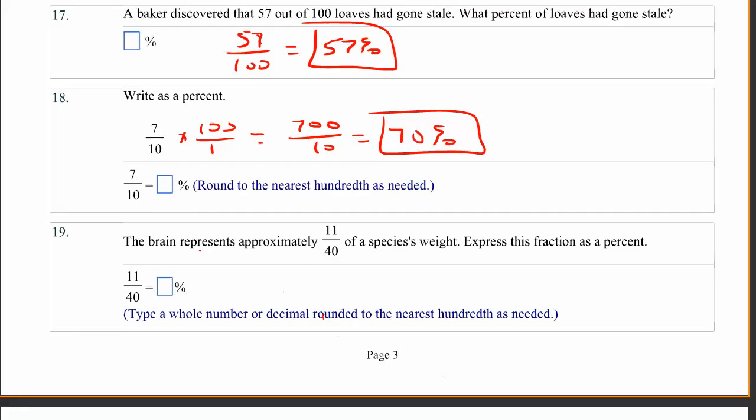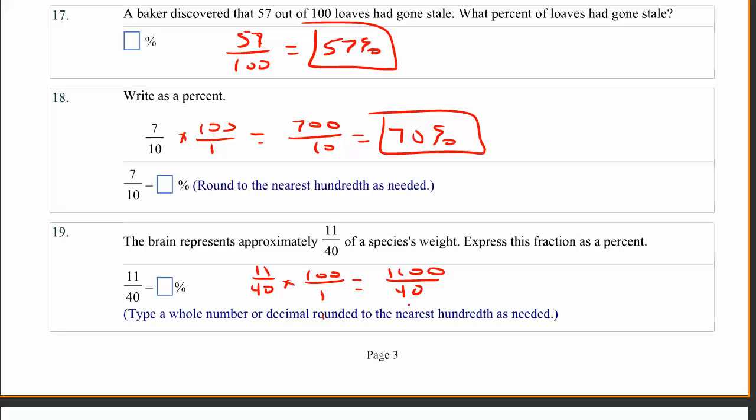Okay, again, the brain represents approximately 11 out of 40 of a species' weight. Express this fraction as a percent. 11 over 40 times 100 over 1. 11 times 100 is 1100. 40 times 1 is 40.